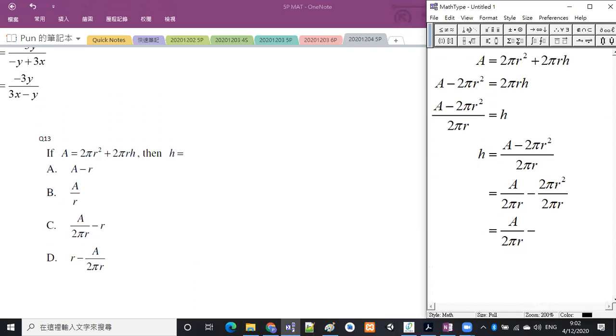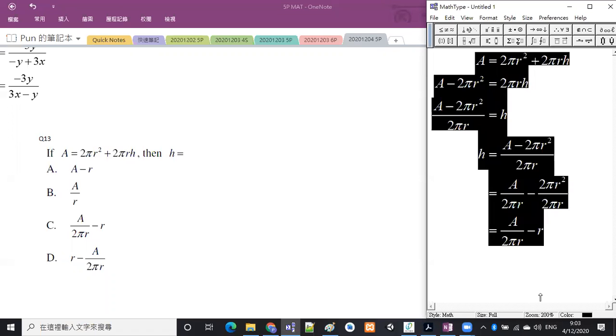And for the second term, 2 pi r square over 2 pi r. 2 and 2 are cancelled. Pi and pi are cancelled. R square over r becomes r. Okay? So, that is the answer. It is option C. 係咪又係爭呢一步啊？即係將佢分拆翻做兩個分數相減，然之後其中有一個就有好多嘢可以約揀到嘅咁樣。Okay, so this is actually option C.